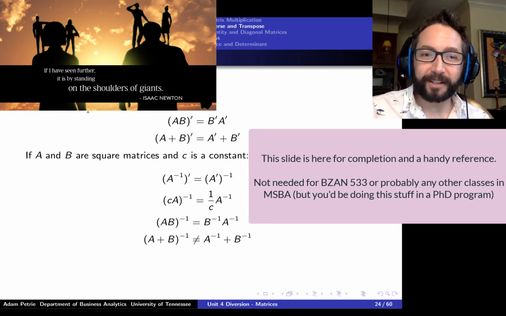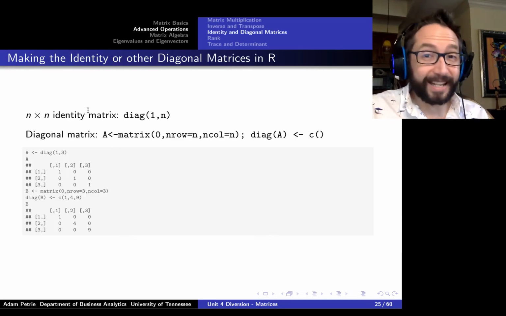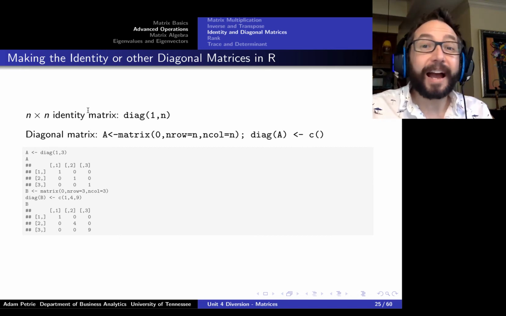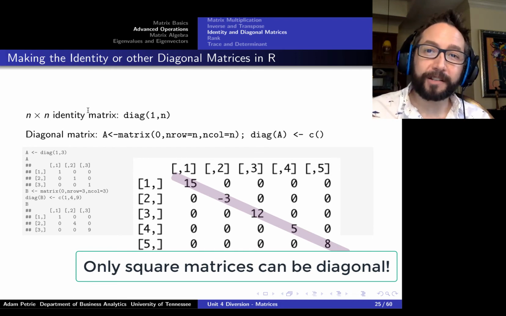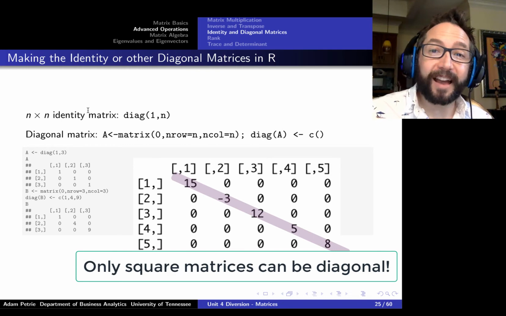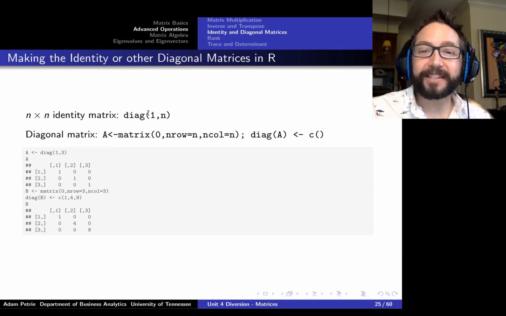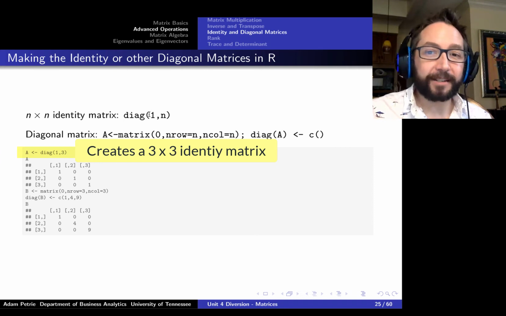and seeing where that's applied in business analytics. So one thing we've mentioned is the identity matrix, useful for thinking in terms of matrix inverses, and also diagonal matrices, matrices that only have non-zero elements across the diagonal and 0 everywhere else. There's a quick way of making these diagonal or identity matrices in R, and that's with the diag command. If I say diag(1, n), that would create an n by n identity matrix.